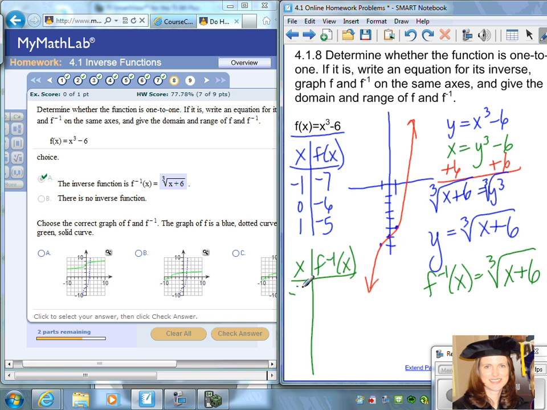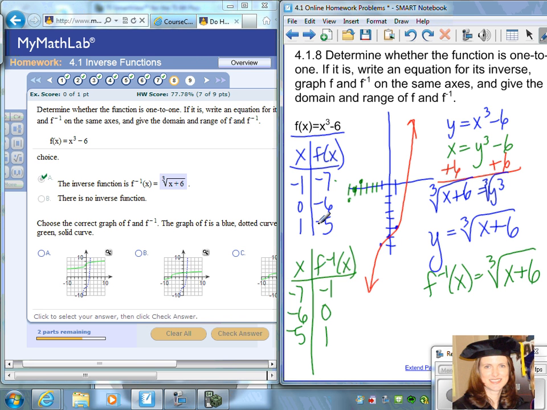So when x is negative 7, y is negative 1. Simply just reverse the order. When x is negative 6, y is 0. When x is negative 5, y is 1. And you can plot those points: negative 7, negative 1, negative 6, 0, negative 5, 1.